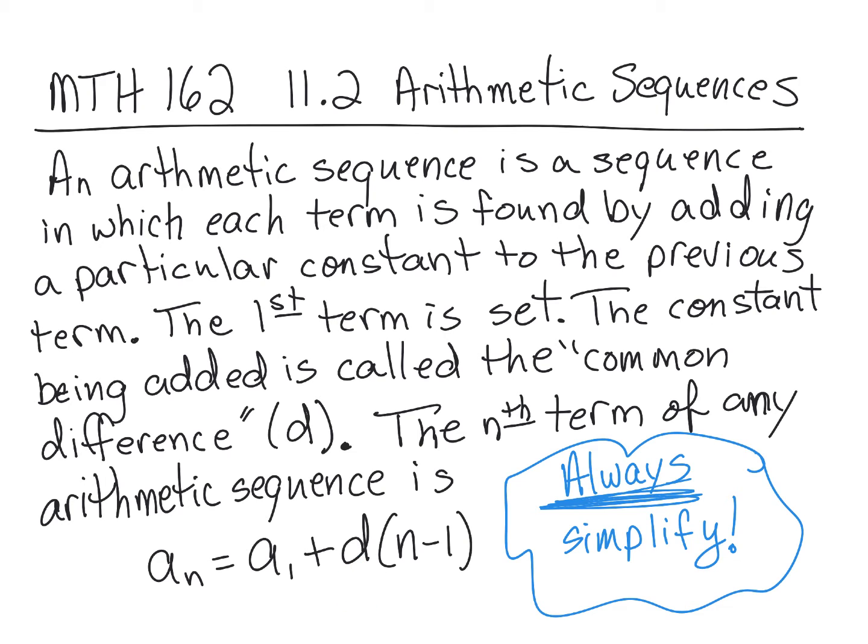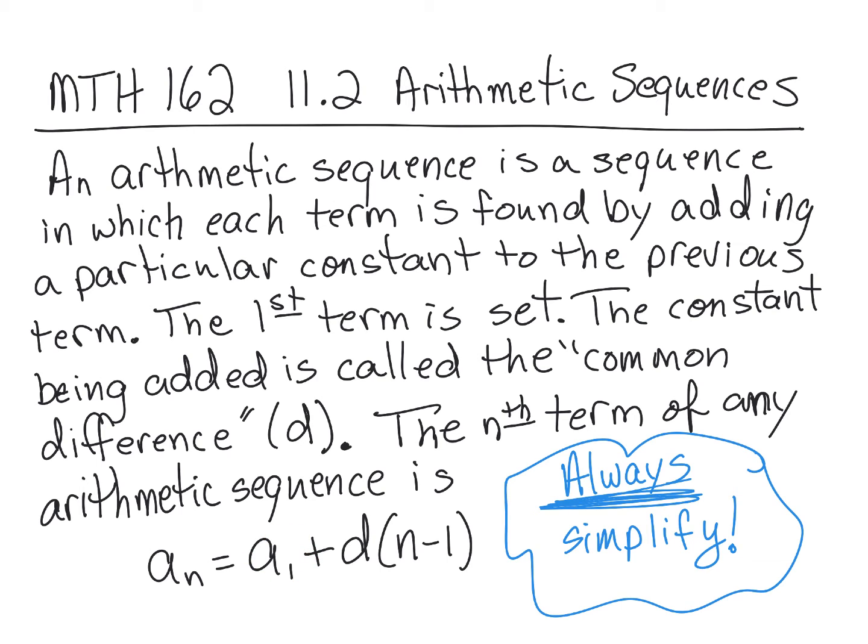So the nth term of any sequence is this first term, which is set, plus your common difference times the counter minus 1. And the minus 1 is because your counter starts at 1, and this thing has to be 0 to keep that set.